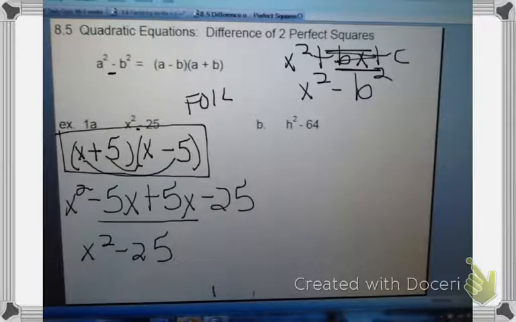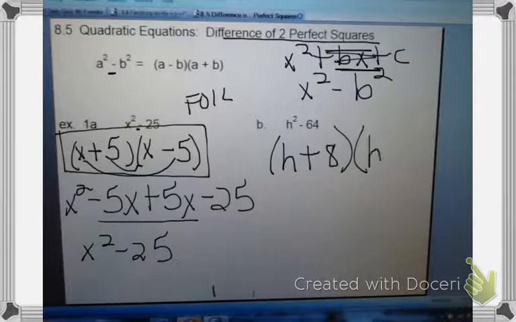These are the easiest ones to factor. They're called a difference of two perfect squares. So if the first term is a perfect square and the last term is a perfect square and it's a minus sign, it is a difference of two perfect squares. It factors into two identical binomials except the signs are opposite. One's positive and one's negative.